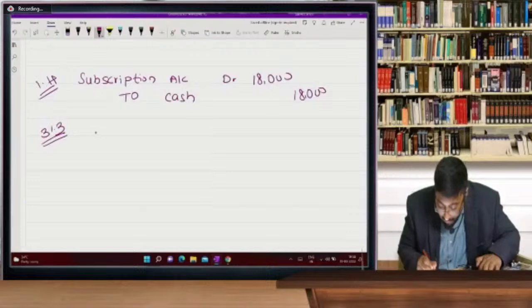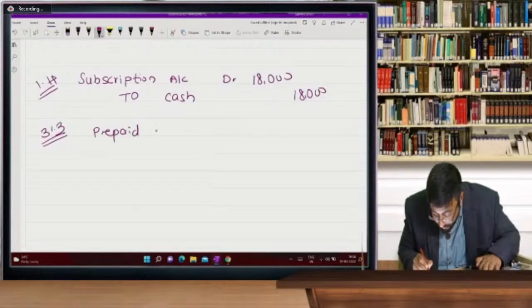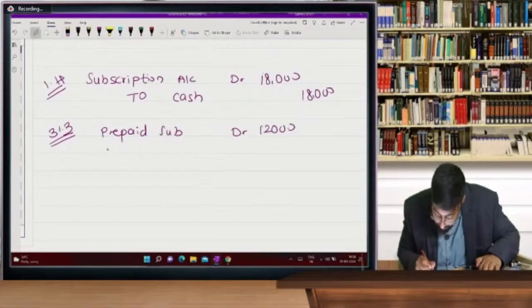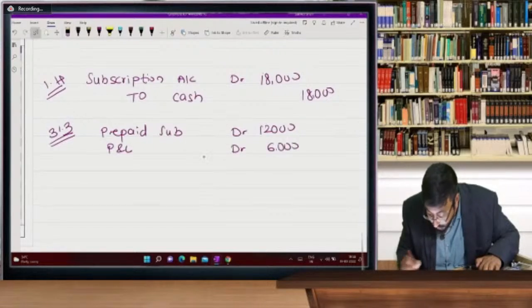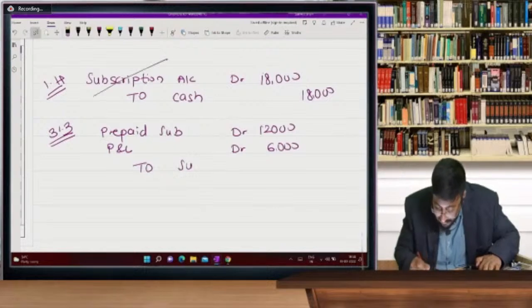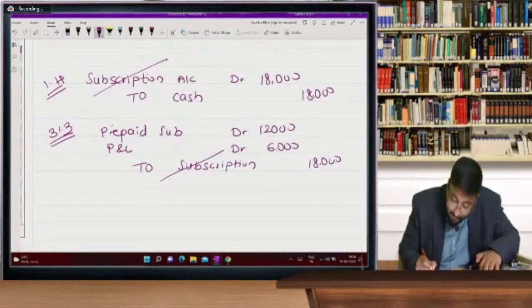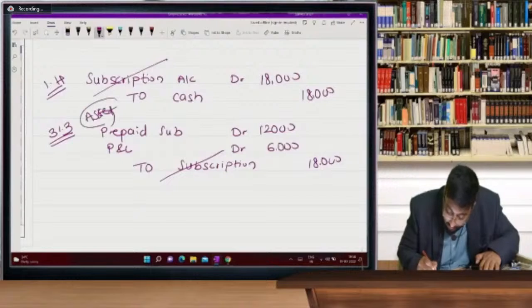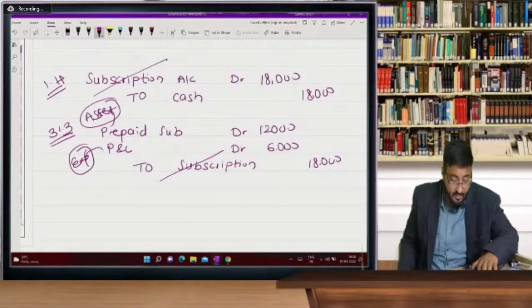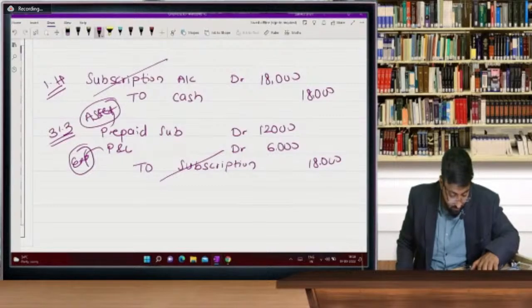On 31st of March, you can pass a single entry, prepaid subscription account debit 12,000. In P&L you transfer 6,000. You can pass a combined entry, and subscription is a temporary account. This prepaid you will record on the asset side, and in the P&L debit you will record this year's expenditure 6,000.